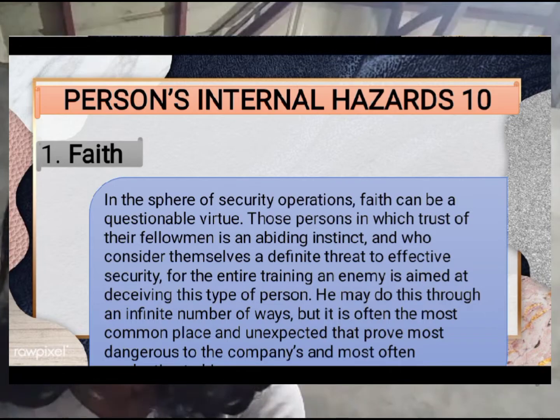The enemy has an easy time deceiving this type of person, he may do it in a finite number of ways, but it is often the most commonplace and unexpected that prove most dangerous to the company.